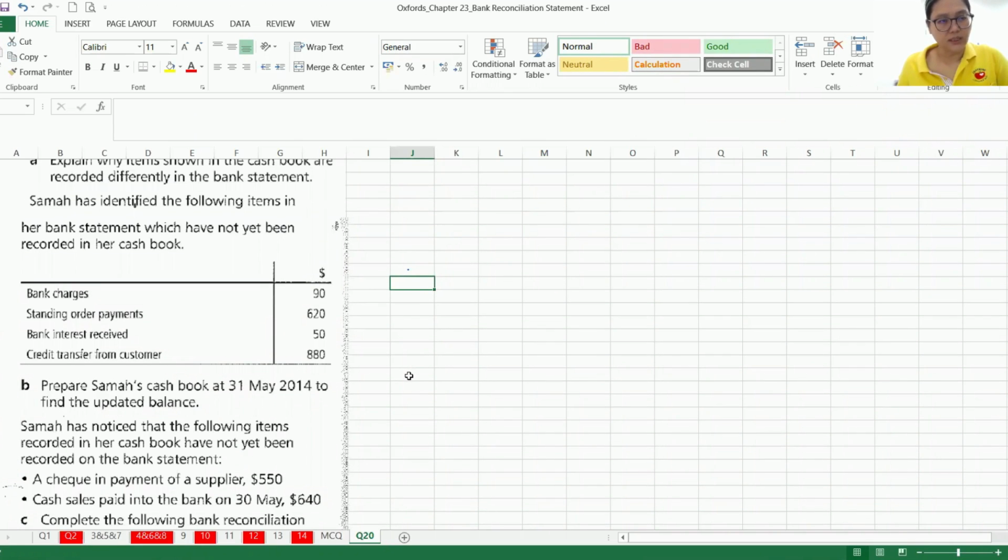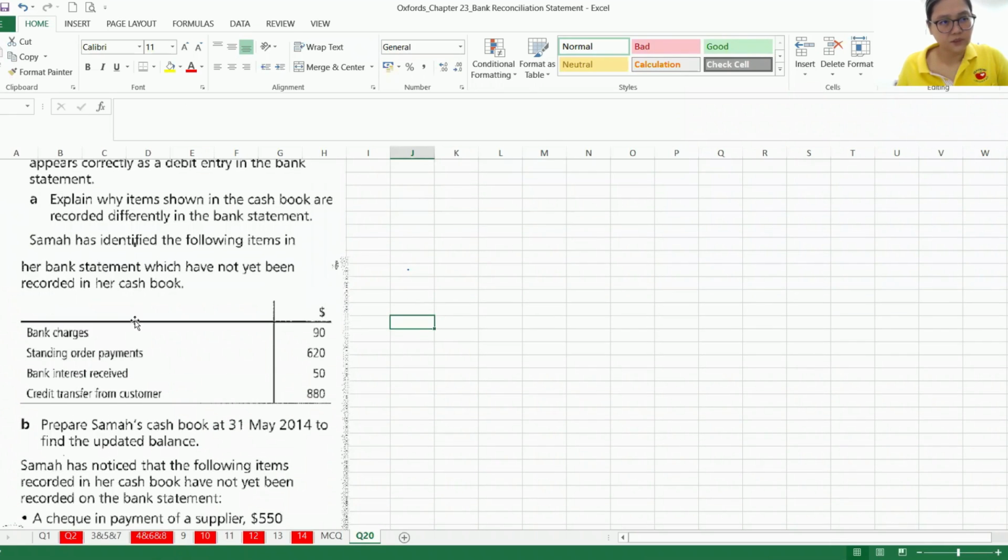So here they have not yet recorded in her cash book. Let's see, Sama has identified following items which have not been recorded in the cash book. That means we have to prepare the updated cash book.